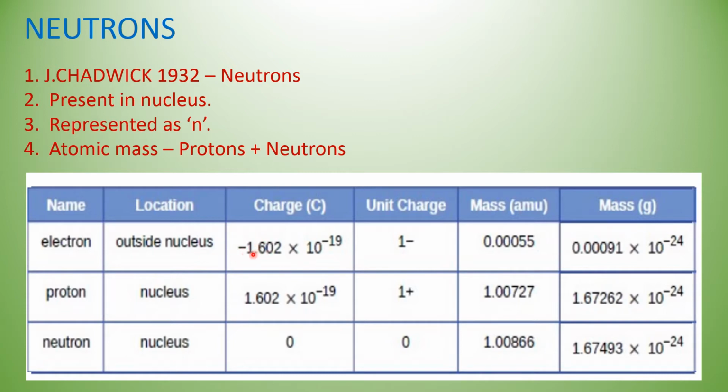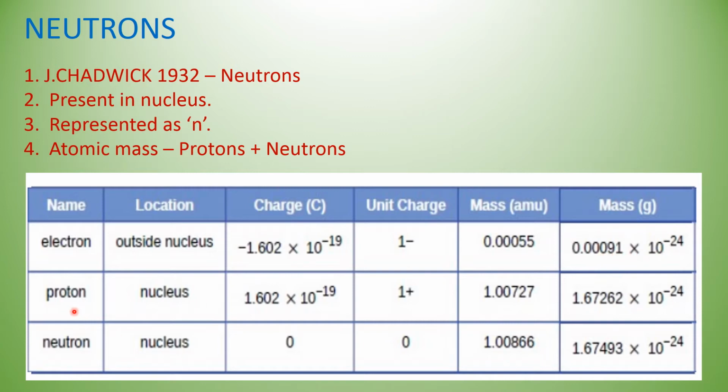Remember dear students, the charge is negative 1.602 into 10 to the power minus 19, that is the unit charge minus 1. The mass in atomic mass unit is 0.00055, which is the smallest compared to the others, and mass in grams is 0.00091 into 10 to the power minus 24.